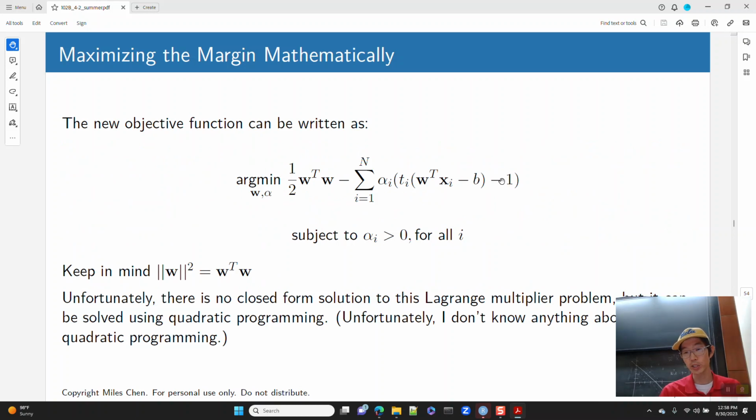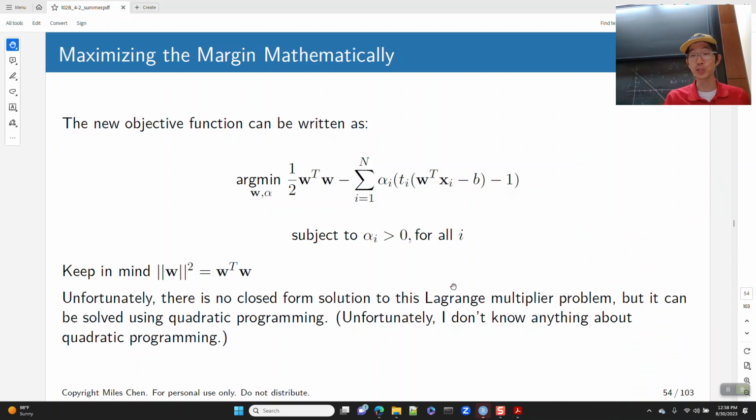So we're going to just subtract off 1. And here we have that constant for the Lagrange term, and we have n of these Lagrange terms in here. So this just gets messier and messier. And it says, unfortunately, there's no closed form solution to this Lagrange multiplier problem, but apparently it can be solved using quadratic programming, and that's where it leaves us off, okay?